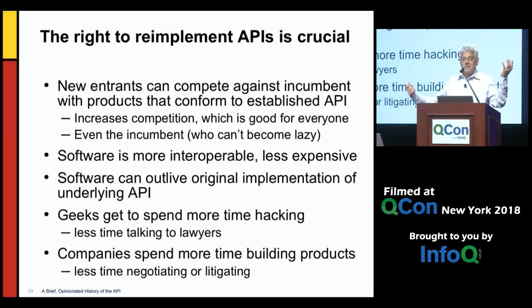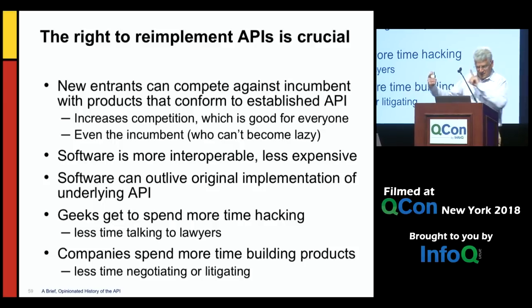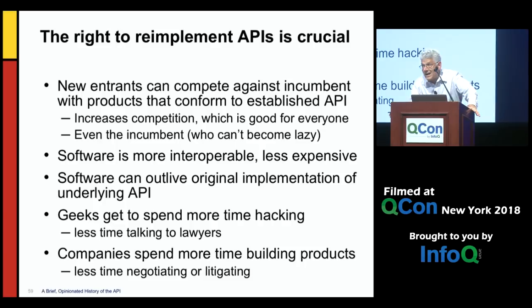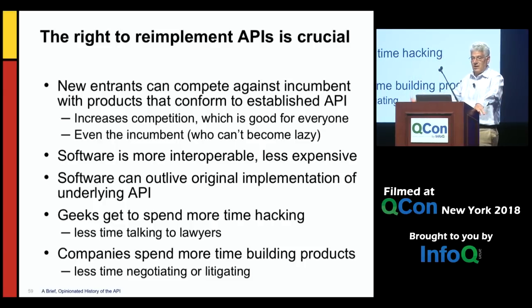New entrants won't be able to compete against incumbents, and the result will be software that's less interoperable. You'll have silos, and you'll spend less time hacking, more time talking to lawyers, and companies will spend less time building products, and they'll spend more time fighting with each other in court or negotiating.